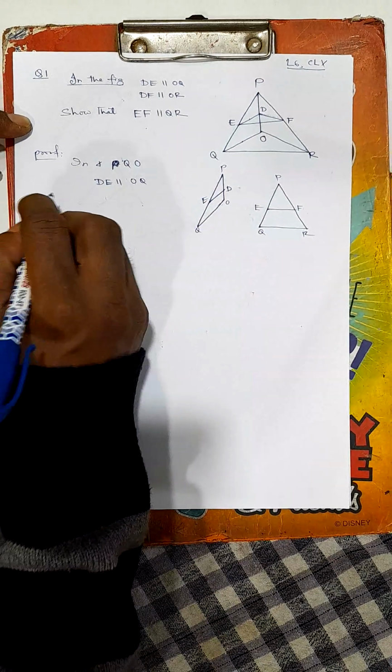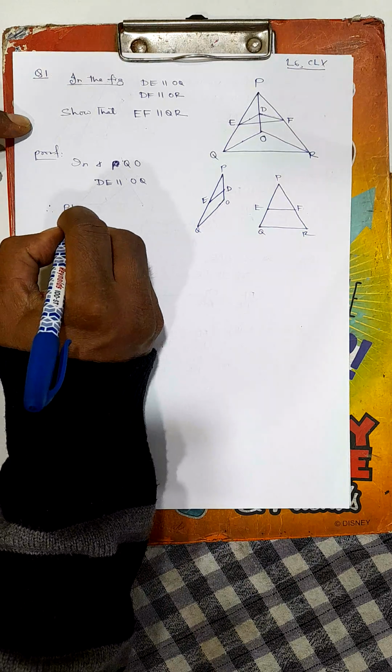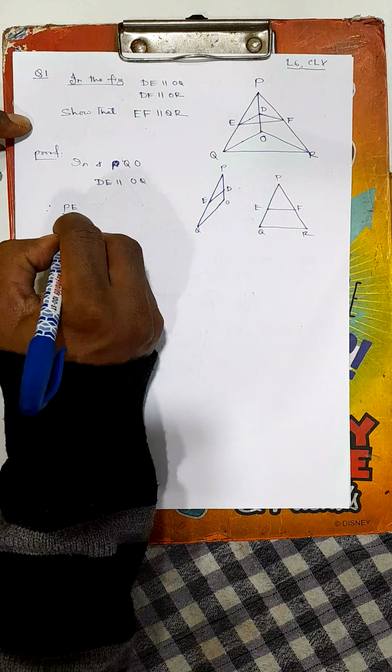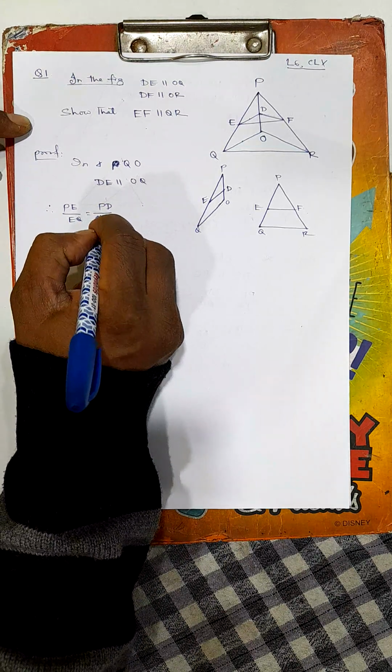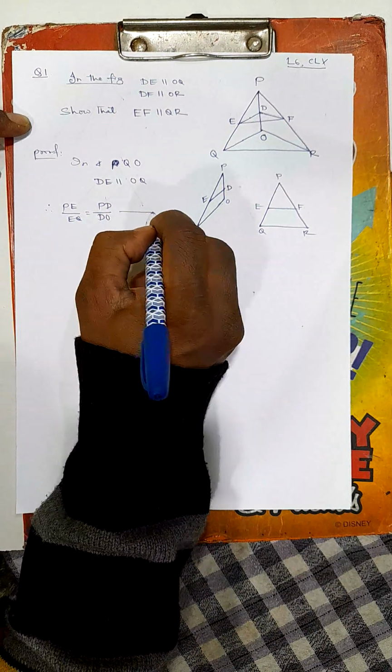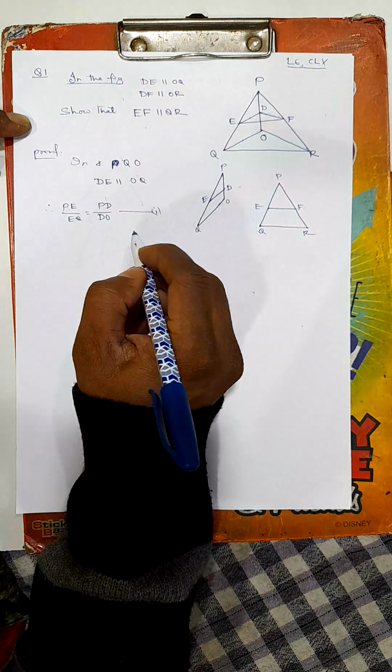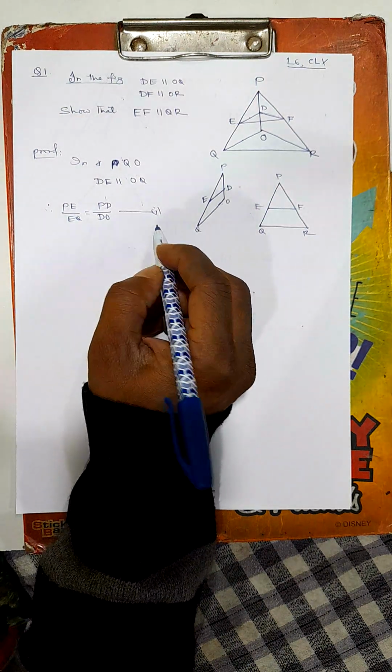Therefore, by proportionality theorem, you can write PE by EQ equals PD by DO. Let's say this is 1. This is by proportionality theorem.